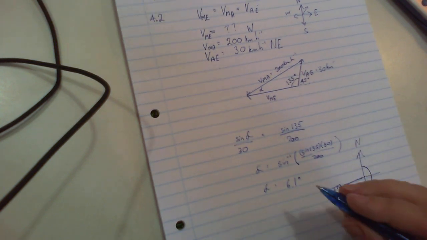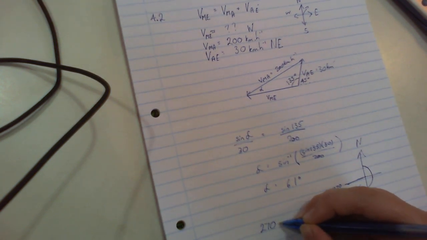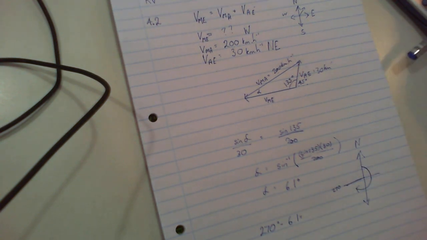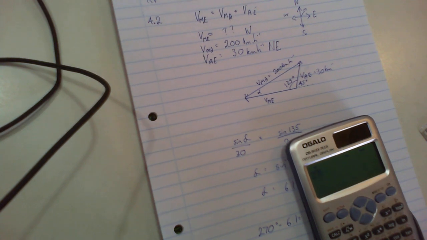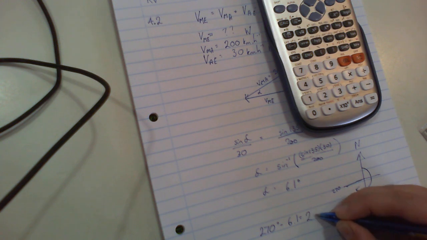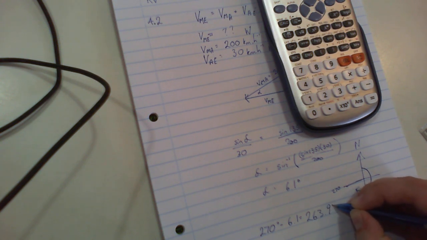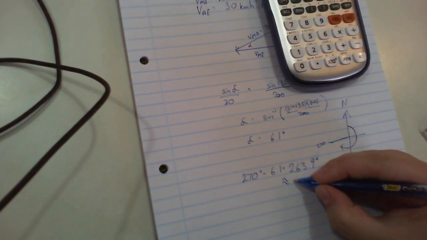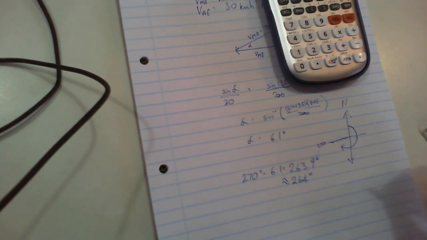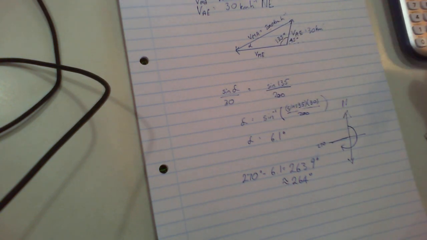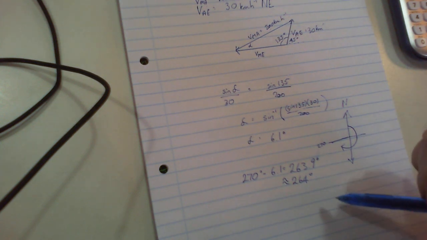All we need to say is 270 degrees minus 6.1 degrees, which will give us 263.9 degrees, or we need to actually round that off, 264 degrees. That's our bearing. What is our magnitude? It doesn't matter. We weren't asked for it. All right. So just make sure that you know what you are asked for.